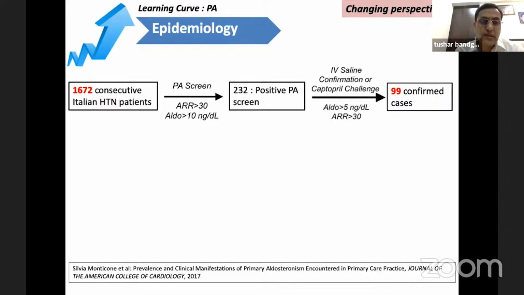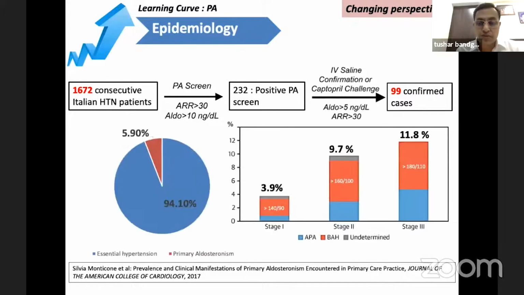This was a study in Italy done in a hypertension clinic, where they looked at approximately 1,700 patients, and they used a two-step approach of a screening test and a confirmatory test. For screening, they used the standard ARR, or PAC by PRA ratio, as we call it, and whoever was positive was subjected to a confirmation test with IV saline, of which 100 turned out to be positive.